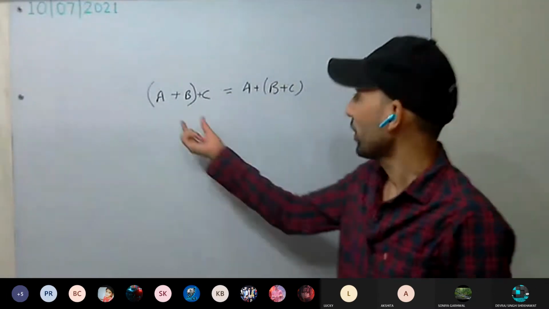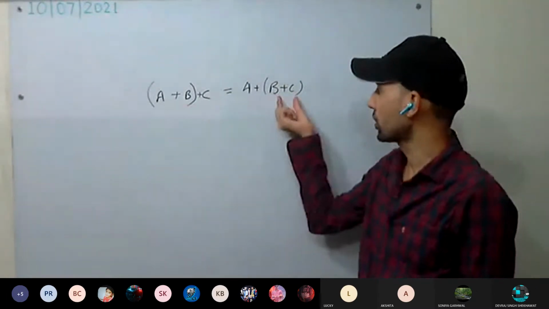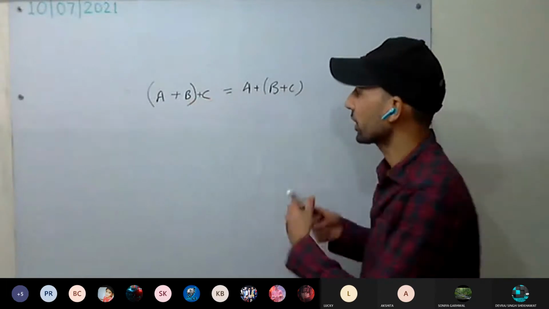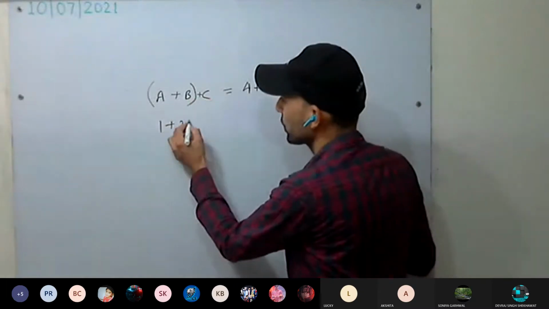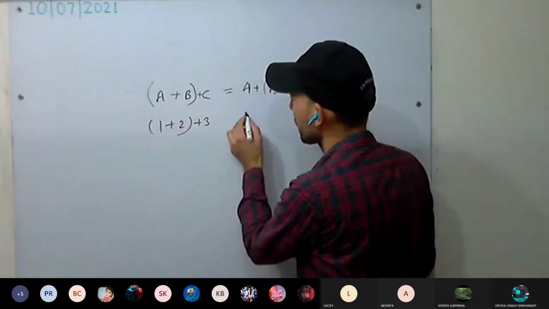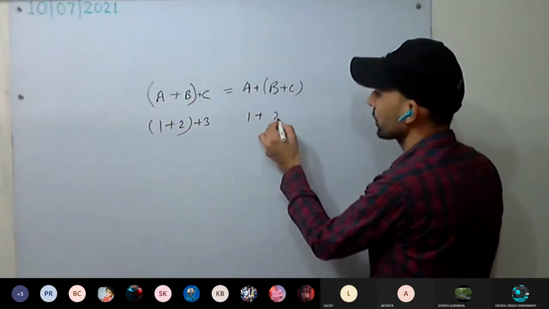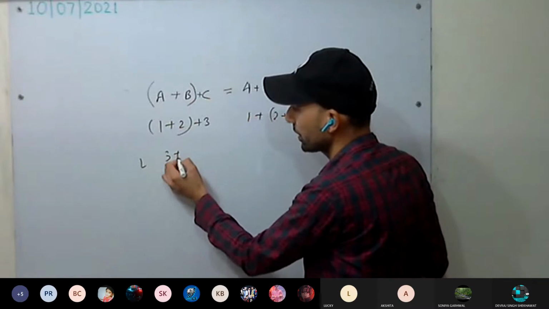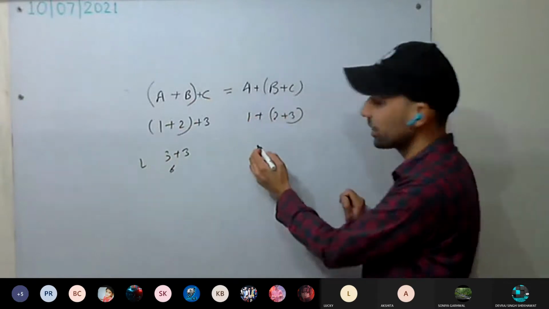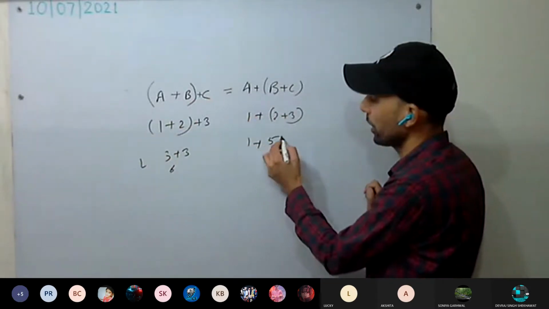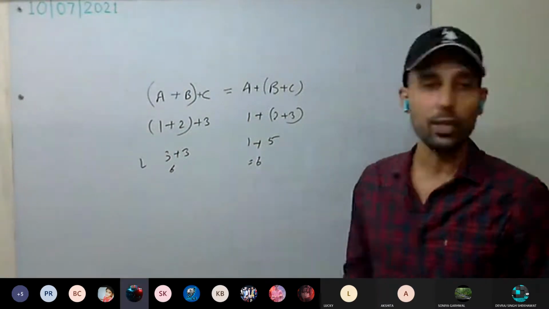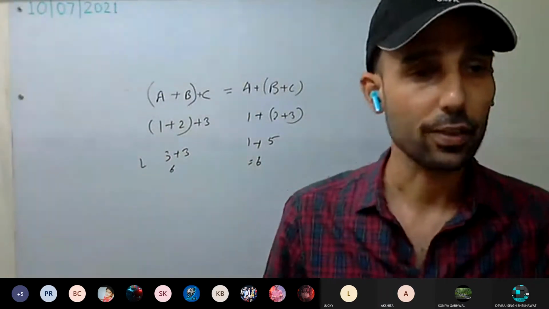Yes or no? So whether you add these two first or these two first, then to this. You can take the example (1 plus 2) plus 3 and here 1 plus (2 plus 3). So LHS is what? 3 plus 3, that is 6. RHS is what? 1 plus 5, that is also 6. So LHS equals RHS. That is associative property on addition.